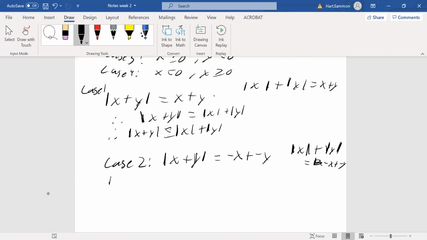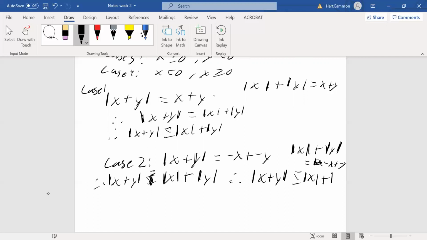So then we get this guy, x plus y, is going to be, again, less than or equal, in this case, actually just straight up equal to, I'll write that step in, x plus y, therefore the absolute value of x plus y is less than or equal to the absolute value of x plus the absolute value of y.